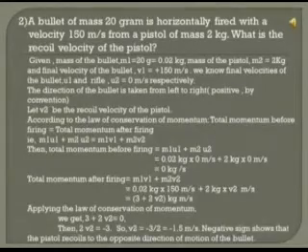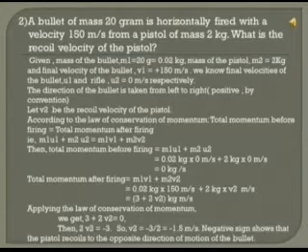Second question is, a bullet of mass 20 gram is horizontally fired with a velocity 150 meter per second from a pistol of mass 2 kg. What is the recoil velocity of the pistol? Given that the mass of the bullet m1 is equal to 20 gram, which is converted into kilogram, that will be equal to 0.02 kg.